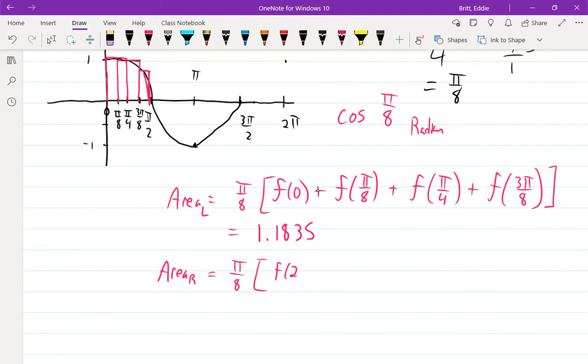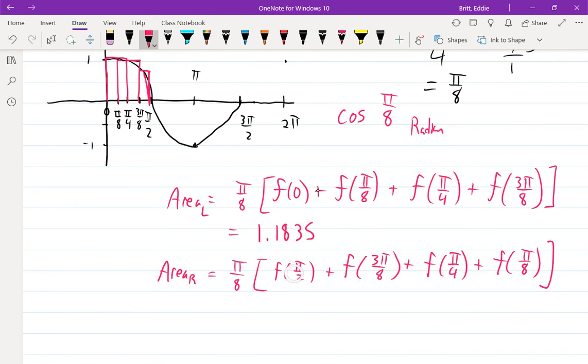Sorry, I had my other problem stuck in my mind. But I'm here at pi over 2, which will give me the height of my first rectangle, plus f of, now go to the next x value, that will be 3 pi over 8, plus, now go to the next x value, that will be f of pi over 4, and then the last x value is going to be f of pi over 8.